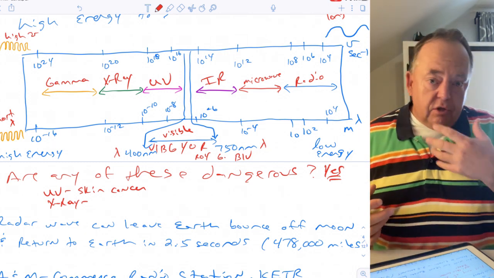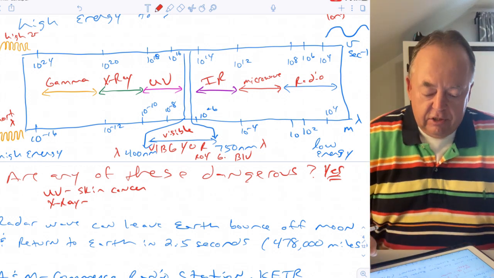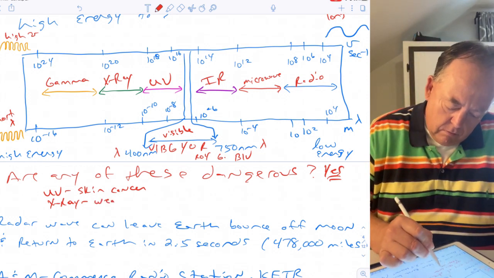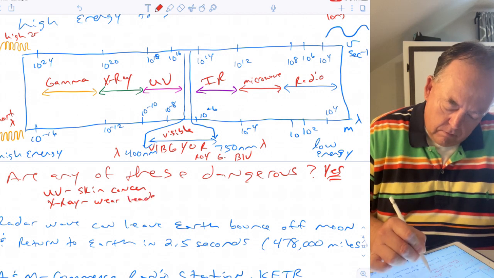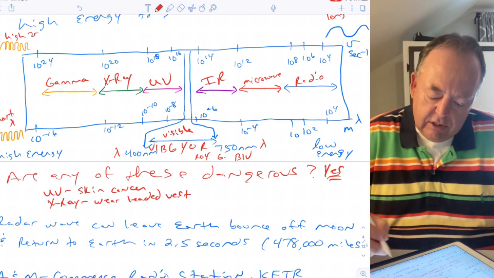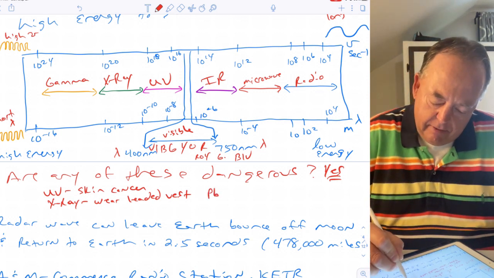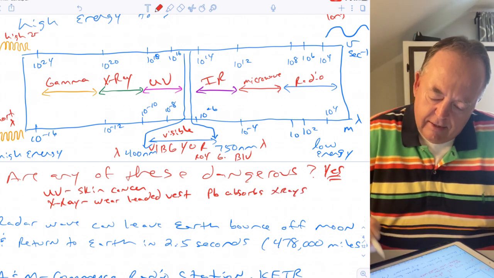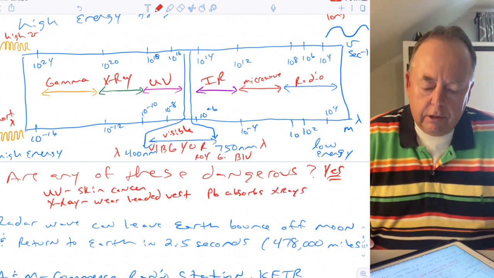If you have dental X-rays done, or if you have other X-rays done, you would wear a leaded vest. So why do you wear a leaded vest when you have X-rays done? Because lead, Pb, absorbs X-rays, so that would protect your internal organs.